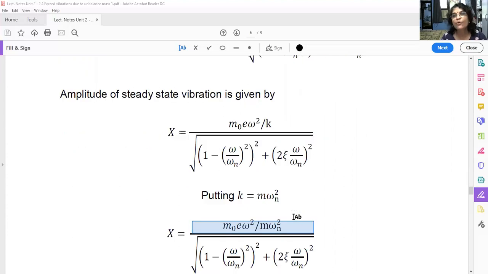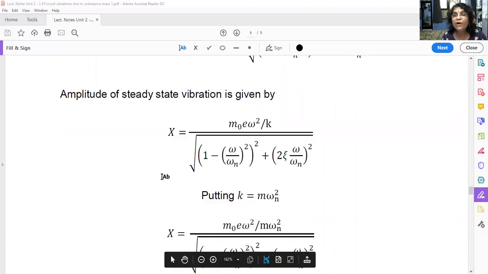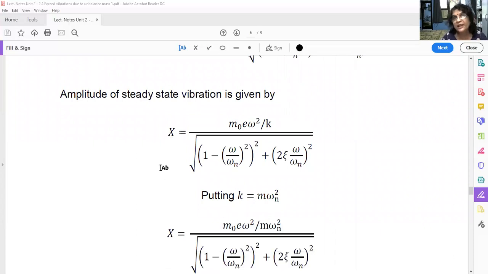Okay. Now we have to simplify this, or we have to write this equation in dimensionless form. That means on the left hand side it is capital X, that is amplitude, which may be in mm. So we have to write this equation in the dimensionless form. So what we have to do? Put the value of K here. What's the value of K?